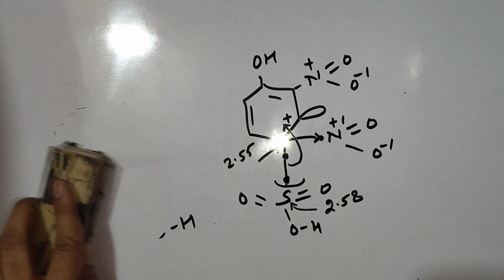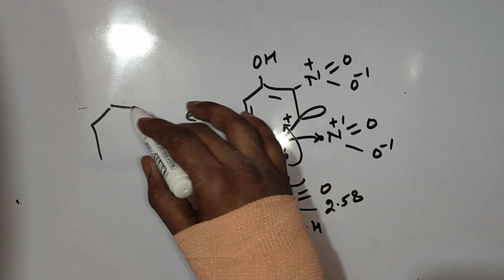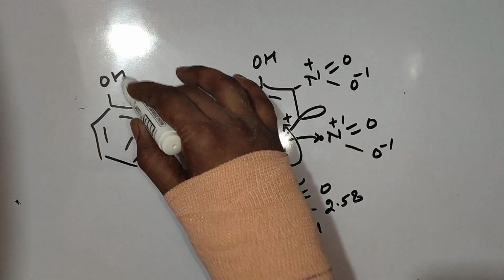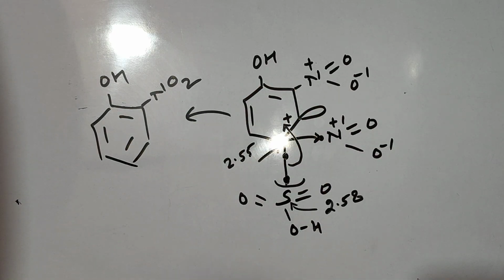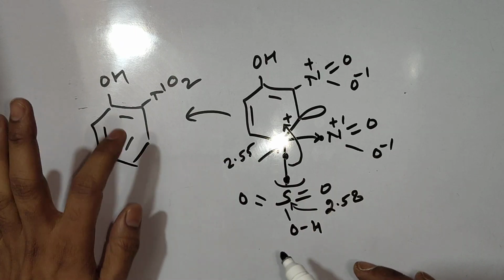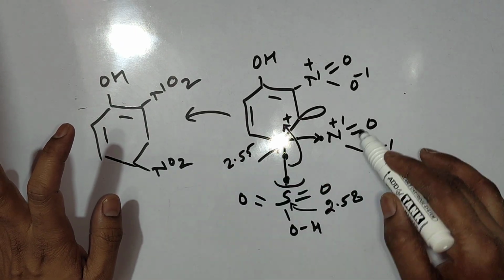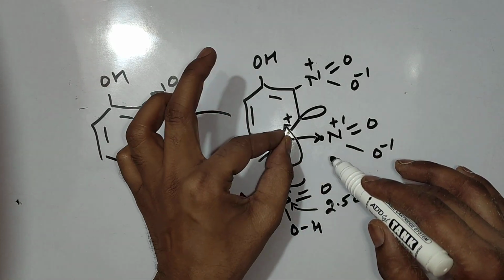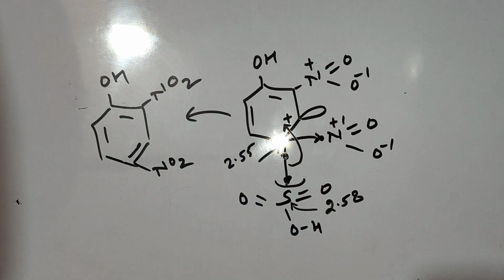So the next condition generated will be this. I am writing it as NO2 directly, so please check. Now when these two electrons come here, a bond of the vacant orbital and two electrons will generate here.